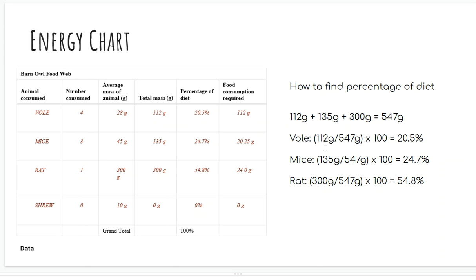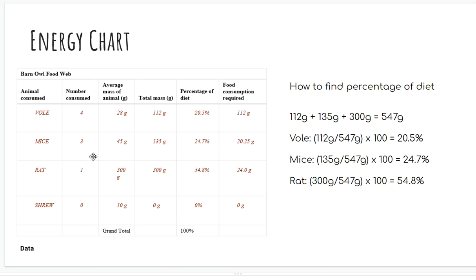Well, that 112 grams divided by the grand total, 547, multiplied by 100, gave me 20.5% of all the energy consumed came from those 4 voles.